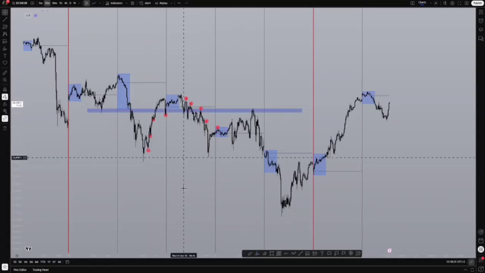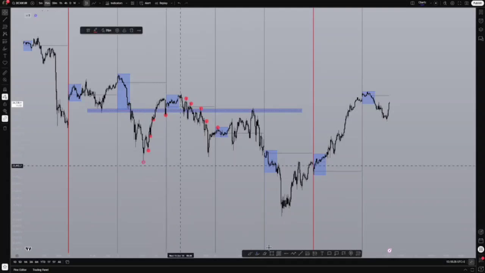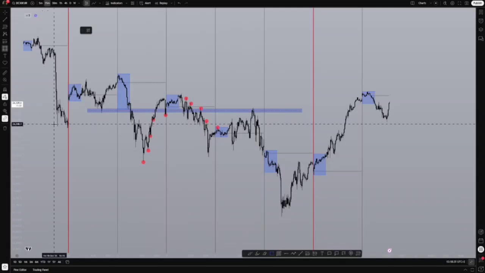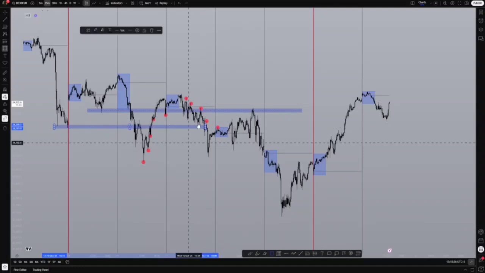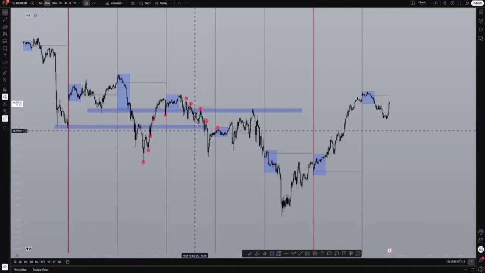And you can even take this one as well. Then we're going to have a type of resistance here, somewhere that we could be looking for the market to react to, and it actually did, but it didn't react as much as we would have liked.